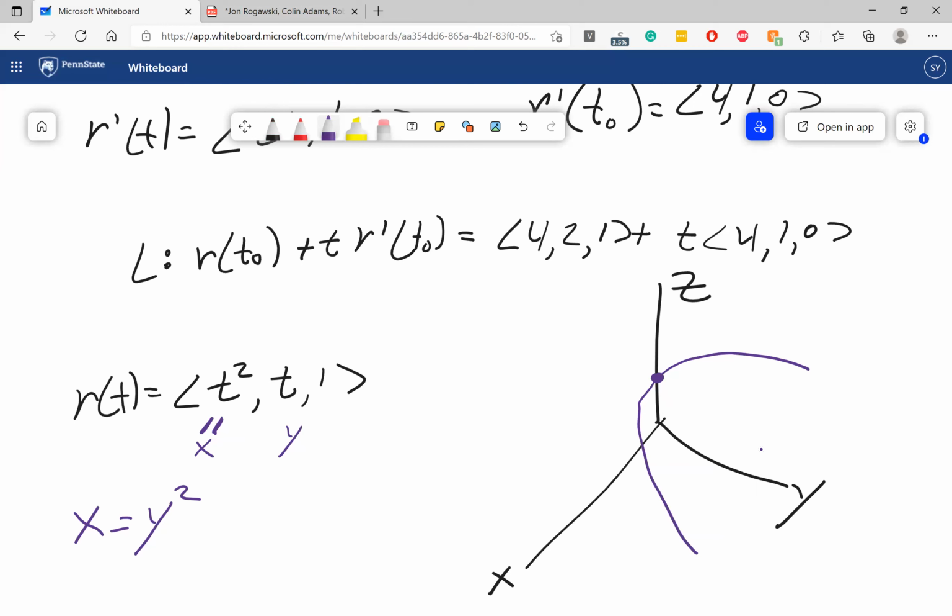Does that make sense? Okay. So then our line over here starts at the point with 1 in the Z direction, 2 in the Y direction, and 4 in the X direction.